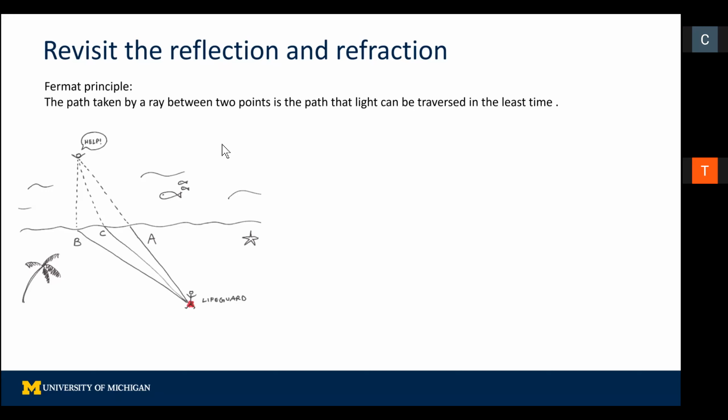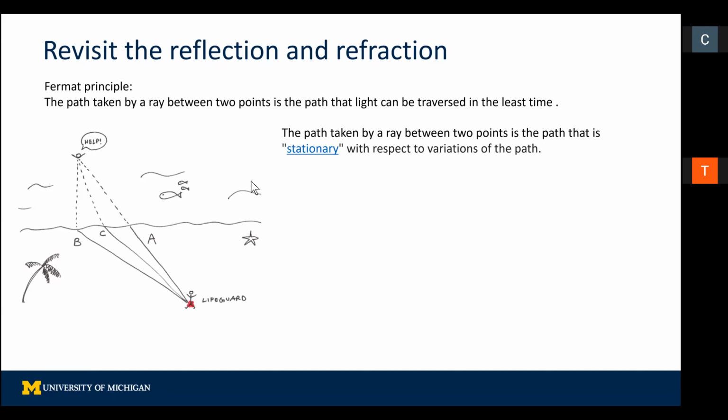According to Fermat's principle, the path taken by a ray between two points is the path that light can traverse in the least time, or more specifically, the path taken by a ray is a path that is stationary with respect to variations of the path.